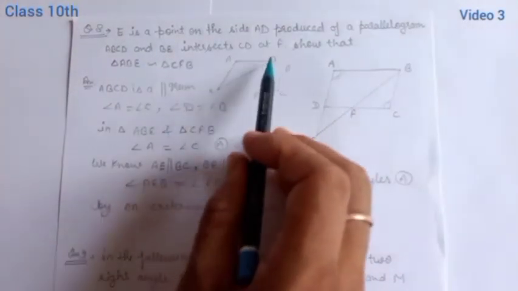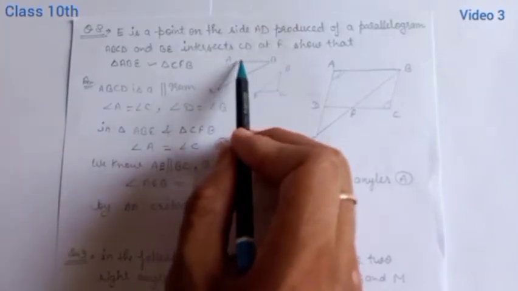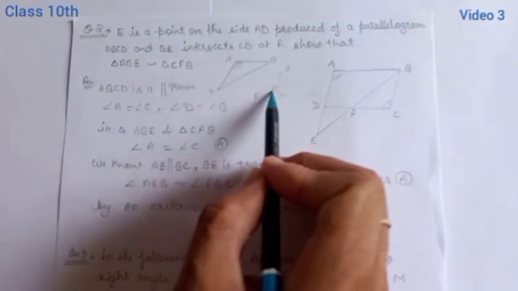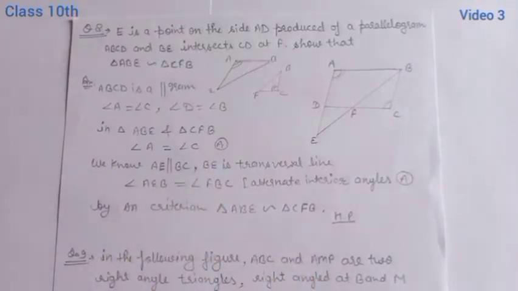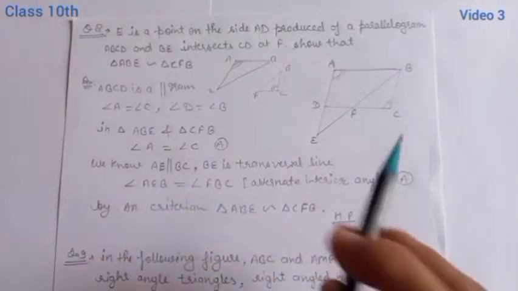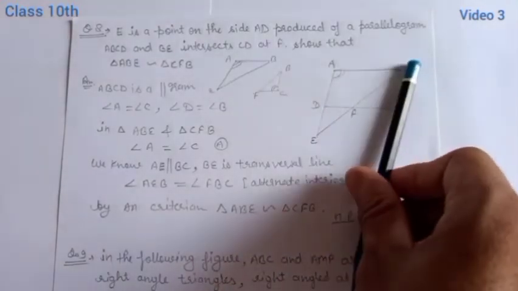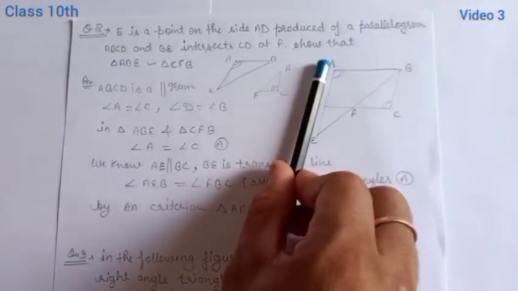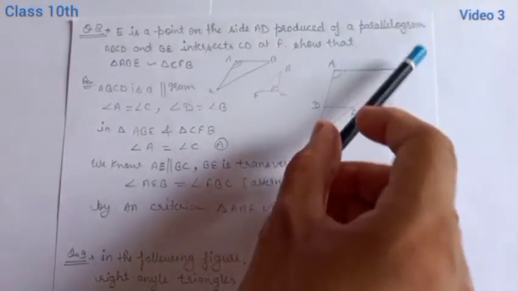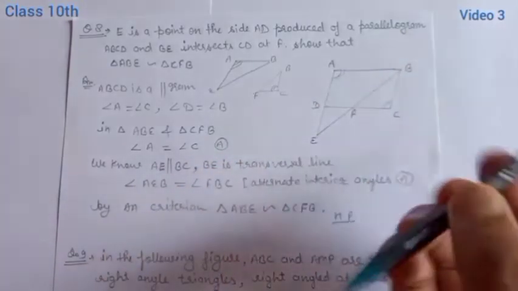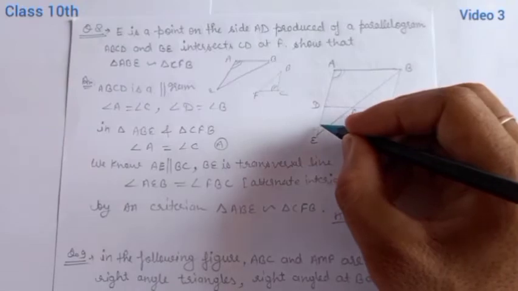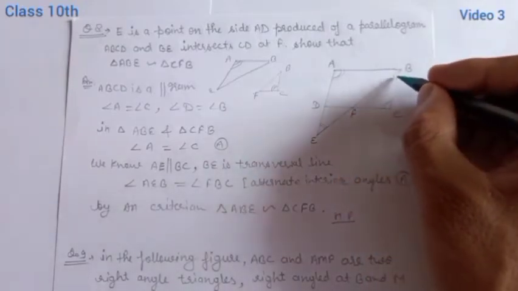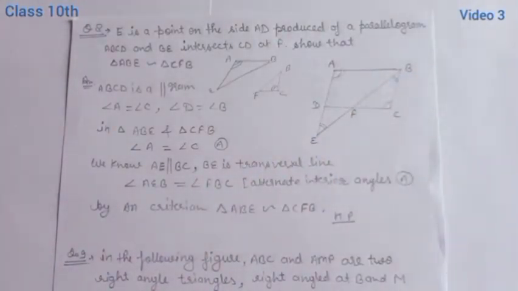So here you can see in both triangles this angle is equal to this. So here we found one angle, but let's check another thing. You can see the lines BC and AD are parallel to each other, and the line BE is a transversal. So as you know, this angle is equal to this by alternate interior angles.